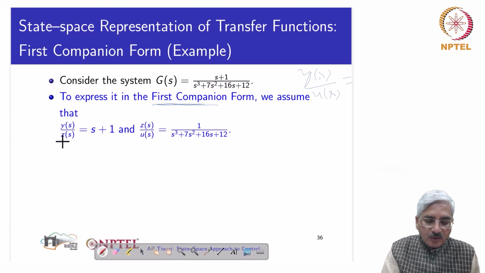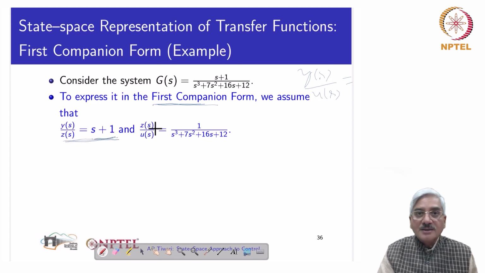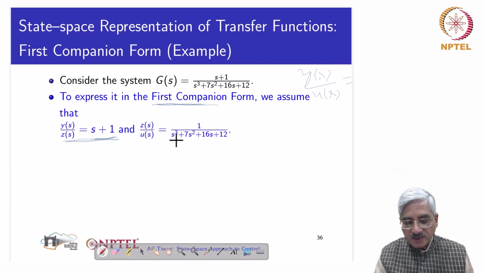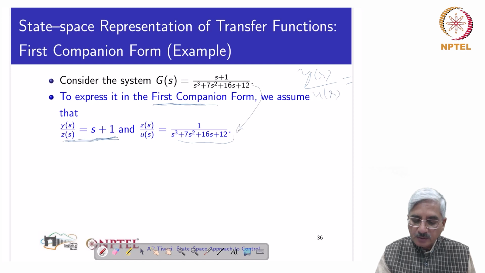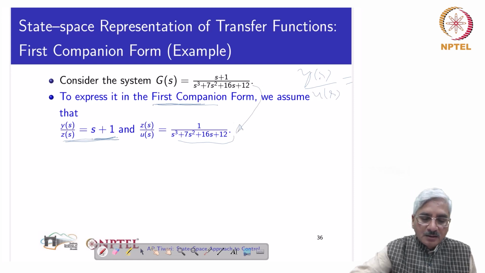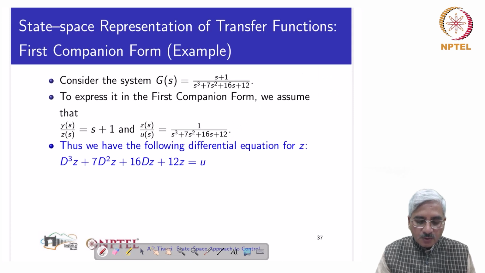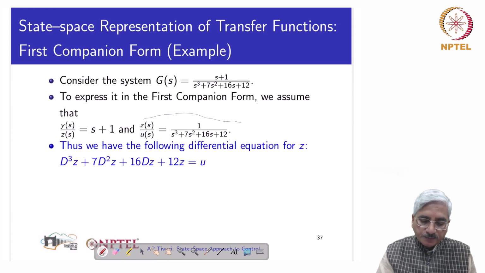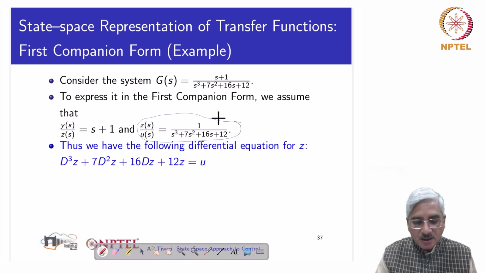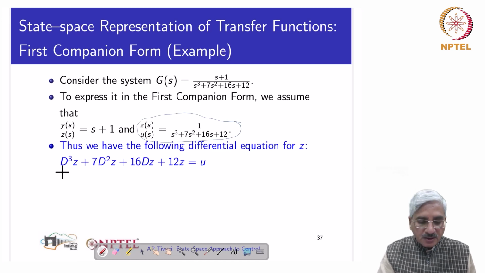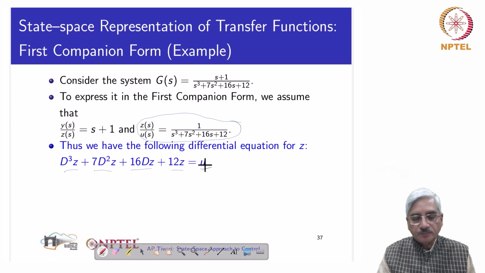In that Y(s) by Z(s) we take the numerator s plus 1, and in Z(s) by U(s) we take the denominator s cube plus 7s square plus 16s plus 12, and we proceed. So from this we do a cross multiplication and take the inverse Laplace transform. This gives d cube z plus 7 d square z plus 16 dz plus 12z equal to u.